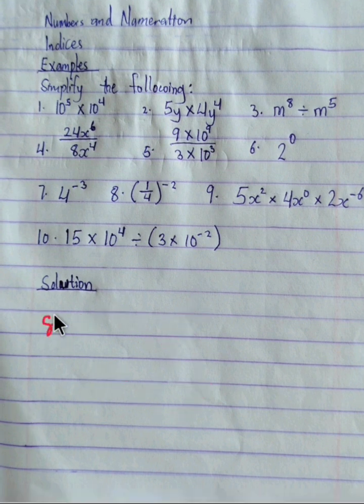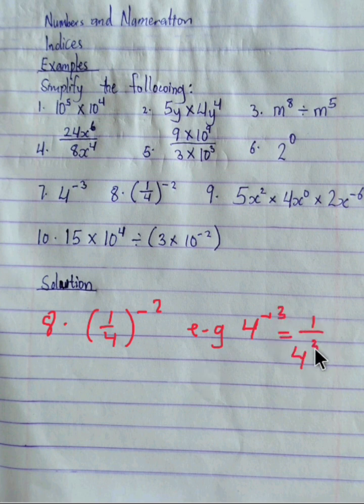Number 8, we have 1 over 4 everything raised to power minus 2. Before we continue, from the previous example we had 4 raised to power minus 3, and we said the final answer is 1 over 4 raised to power 3.